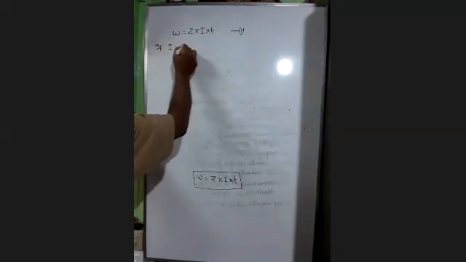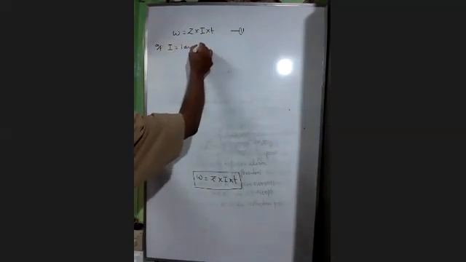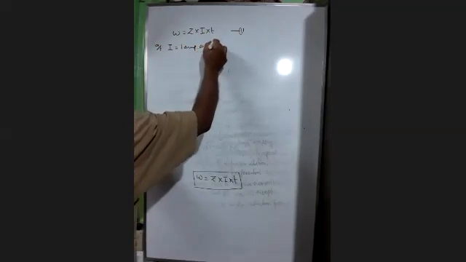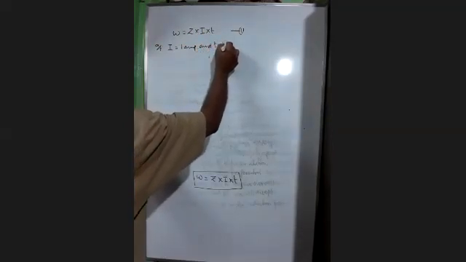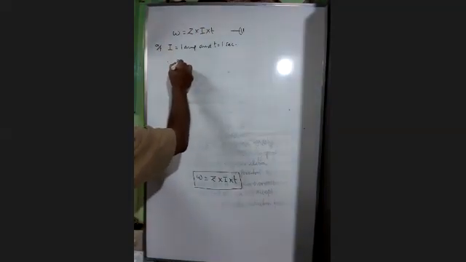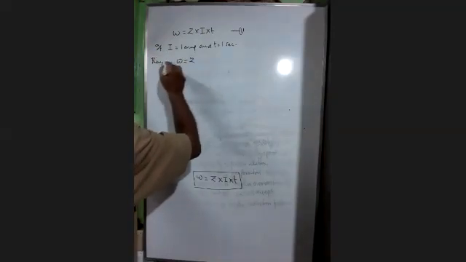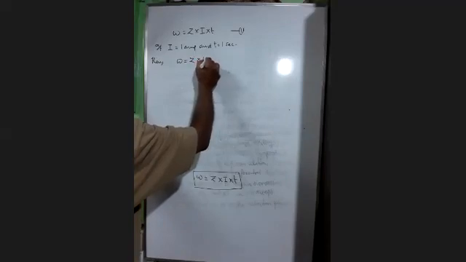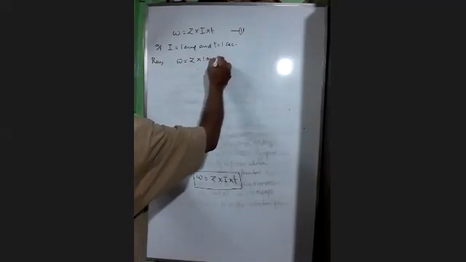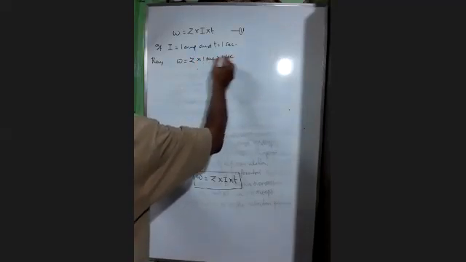If I is equal to 1 ampere and T is equal to 1 second, then what will happen? W will be Z into 1 ampere and 1 second.